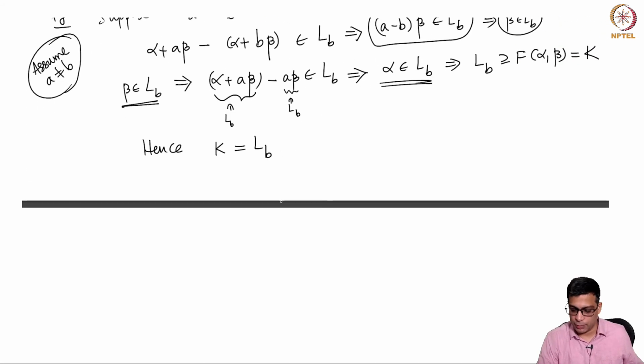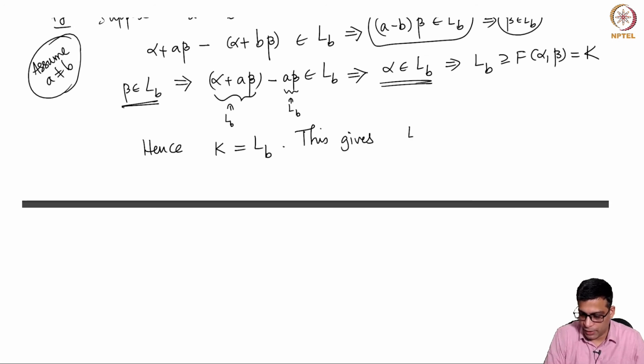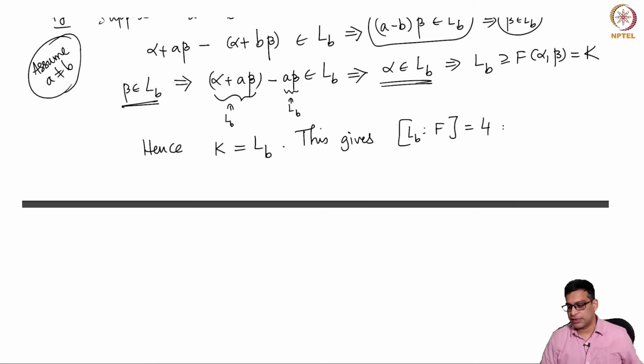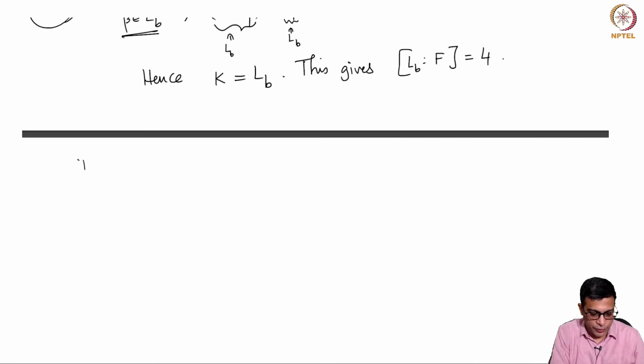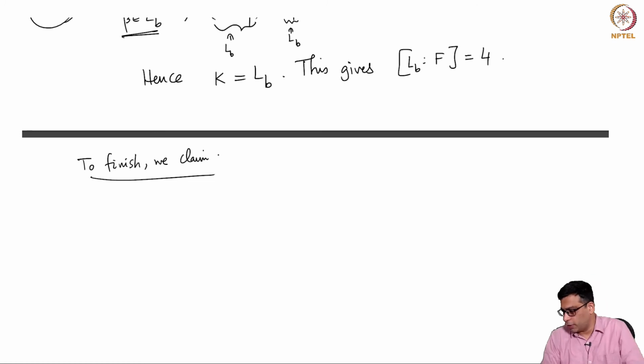Because L_b is an intermediate field. So by what we have already shown, this gives this. But because K is a degree 4 extension, to finish we claim now, actually, I didn't think we need this, but we need this.